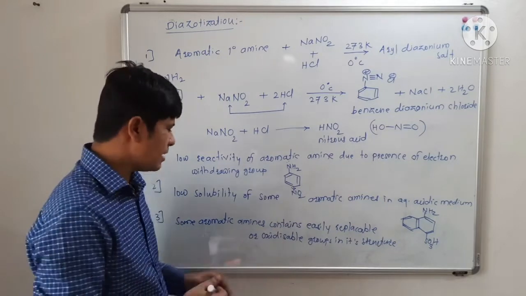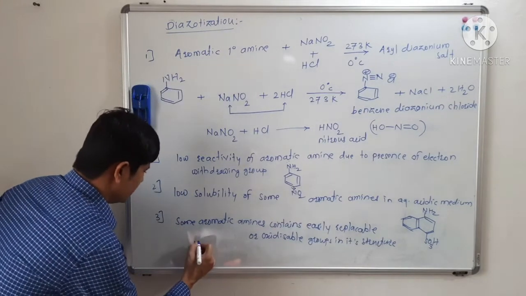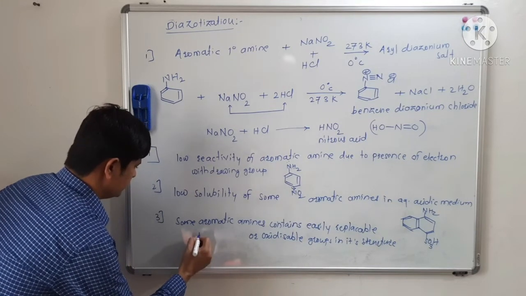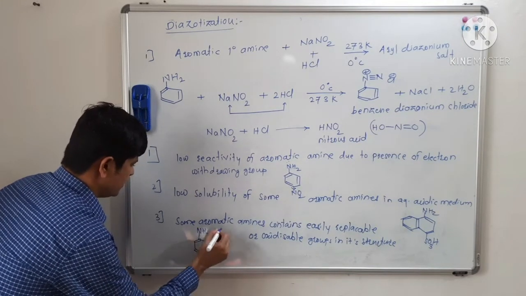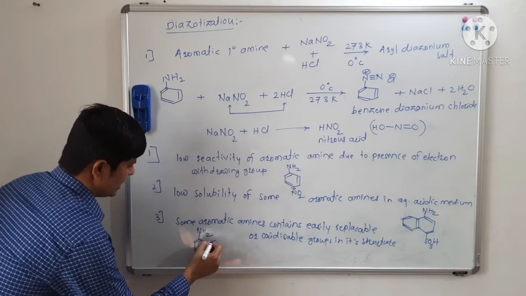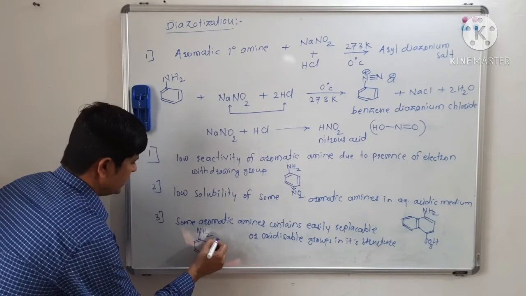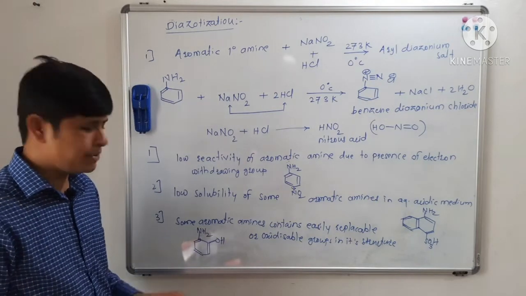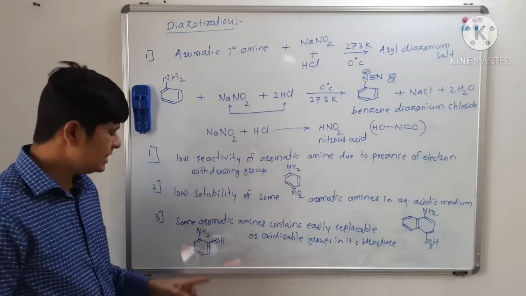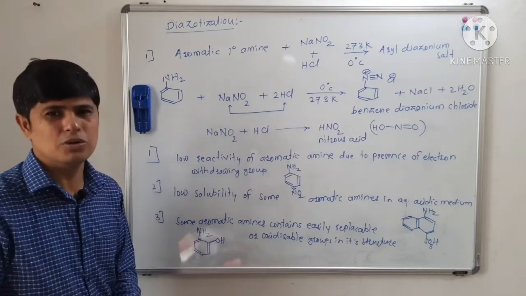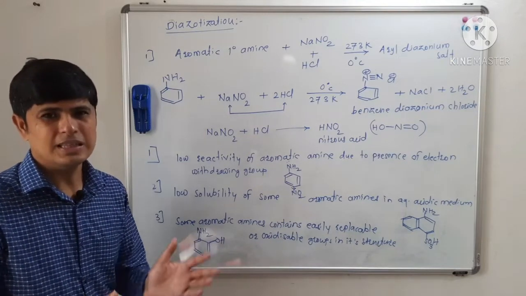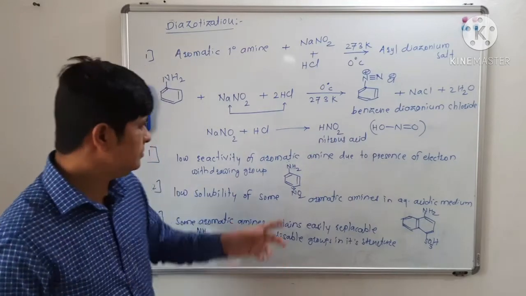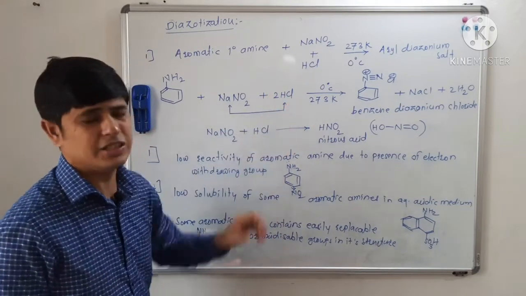Which are these types of amine? For example, if we take aniline, and it contains a hydroxyl group on its ring, then this hydroxyl group can undergo oxidation during these reaction conditions.